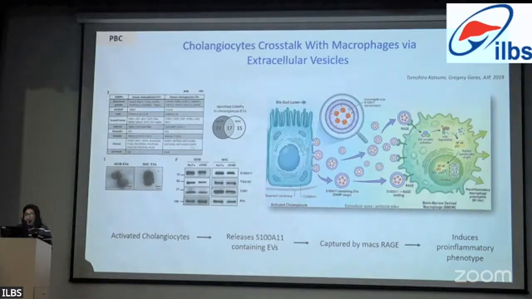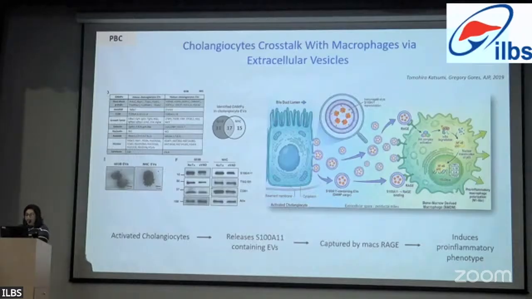So they identified that these activated cholangiocytes, whenever there is a trigger, release these EVs, and these EVs contain damage-associated molecules such as S100A11, where a receptor such as RAGE is present on the macrophage. They identify this through RAGE and it leads to more inflammatory pathway and release of TNF alpha, IL-1 beta. So these extracellular vesicles can also aid in the crosstalk.